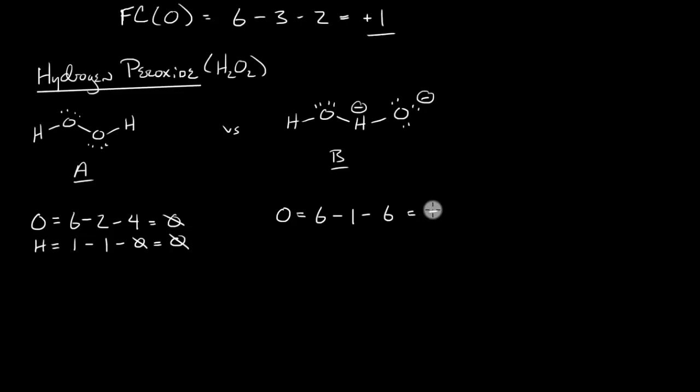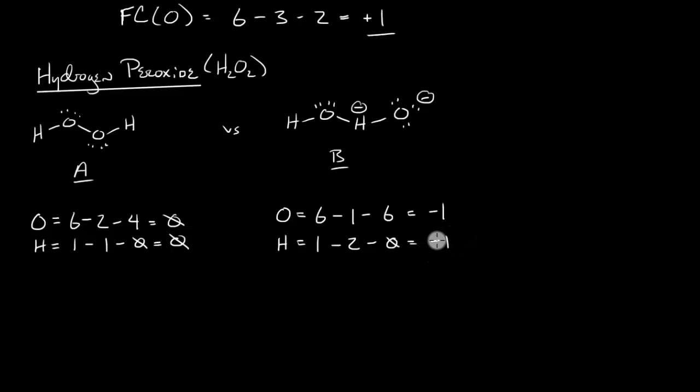So we're going to get a negative 1 charge for that oxygen right there. This oxygen is still going to be neutral. Then for this hydrogen, it would be 1, again, minus 2 covalent bonds, and then we have no lone pairs. And so this is going to be negative 1 as well.